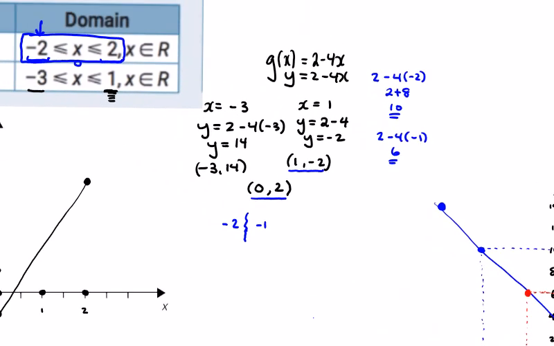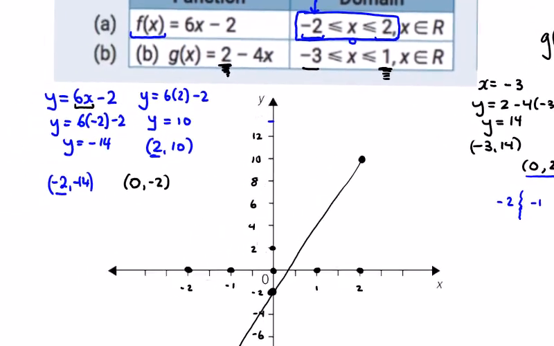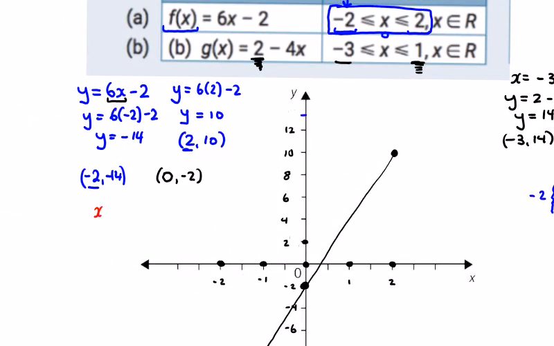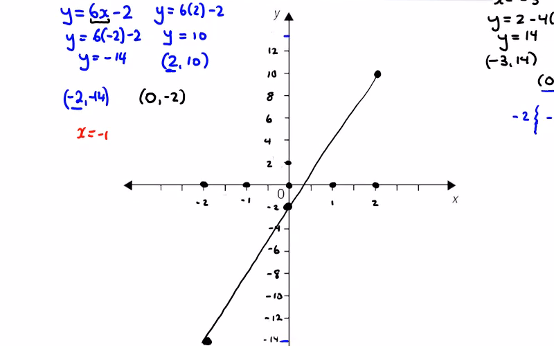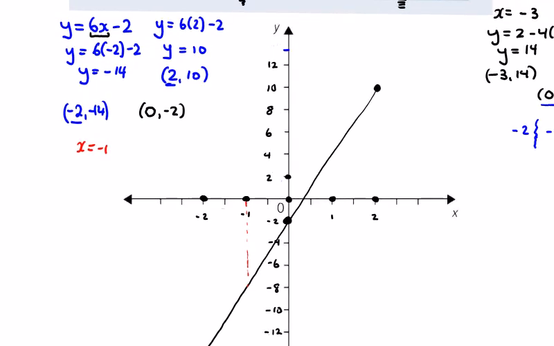So let's go back and do the other one. We left out minus 1 and 1. So if x is equal to minus 1, what does the graph give us? So now let's find out exactly what it is and we'll make it work. 6 by minus 1, minus 2 equals minus 8. So we need to go across from minus 8 to the graph.